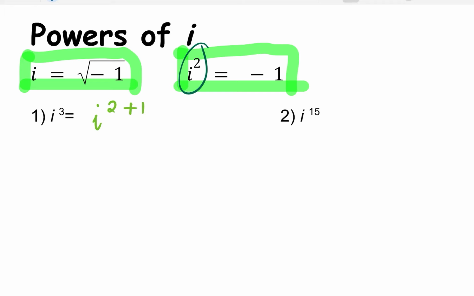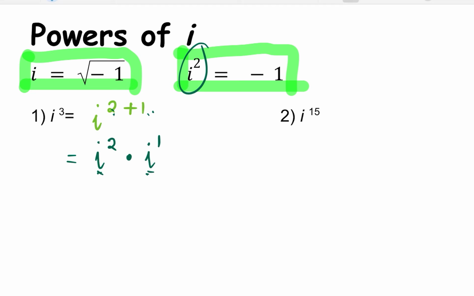So now we can simplify this further by writing i squared and then a multiplication sign, an i to the first power. Remember the rules of exponents: when the base is the same, we can add the exponents, and that's exactly what happened up here.